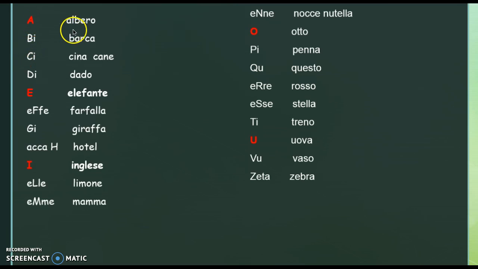A, albero. B, barca. C, Cina. Cane. D, dado. E, elefante.